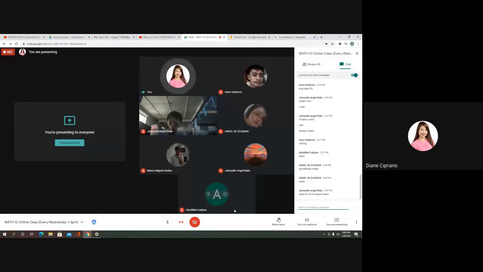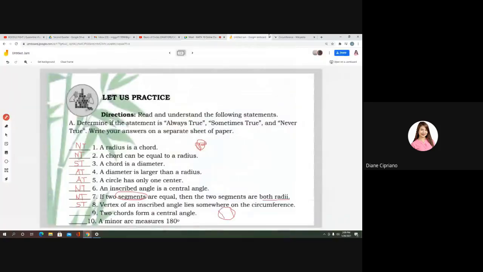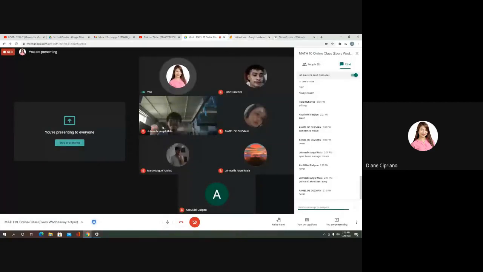Ang easy lang nito nung number 9 ha. Two chords form a central angle. Ito yung central angle. Neither? Never. Okay. Puro mali ang sagot niya. Okay lang. Minsan talaga nagkakamali tayo, hindi tayo laging tama.